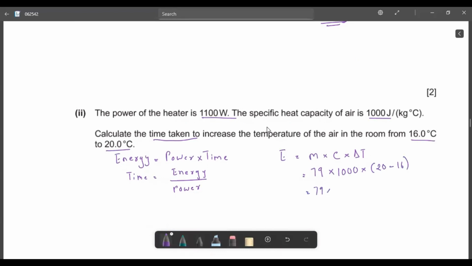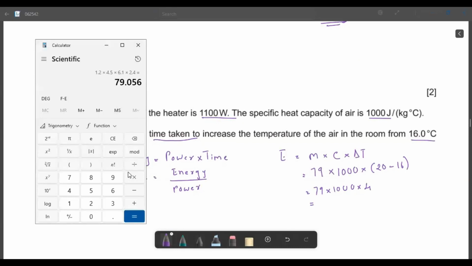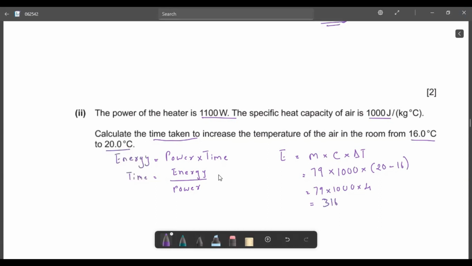So 79 into 1000 into 4 will give the energy. That is 316000 joules.